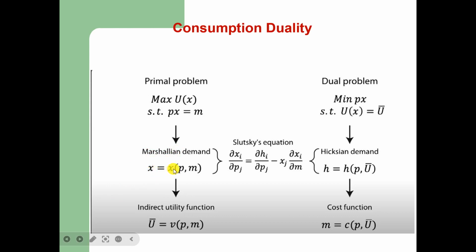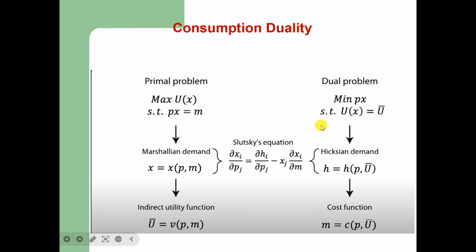As you can see from this equation, they are functions of the prices of all goods and the consumer budget or fixed money income, denoted by M. And if we substitute these optimal values of x back into the original utility function, we get the indirect utility function, which specifies utility as a function of prices and consumer money income.